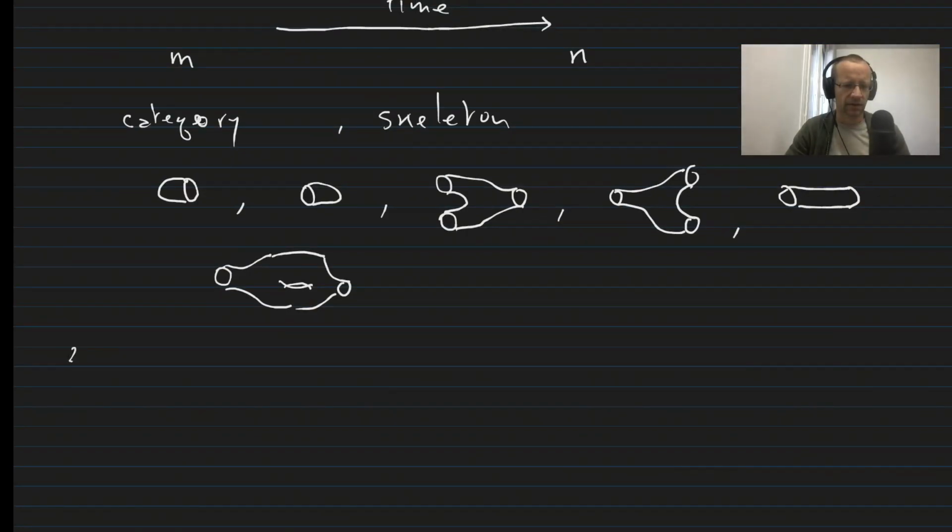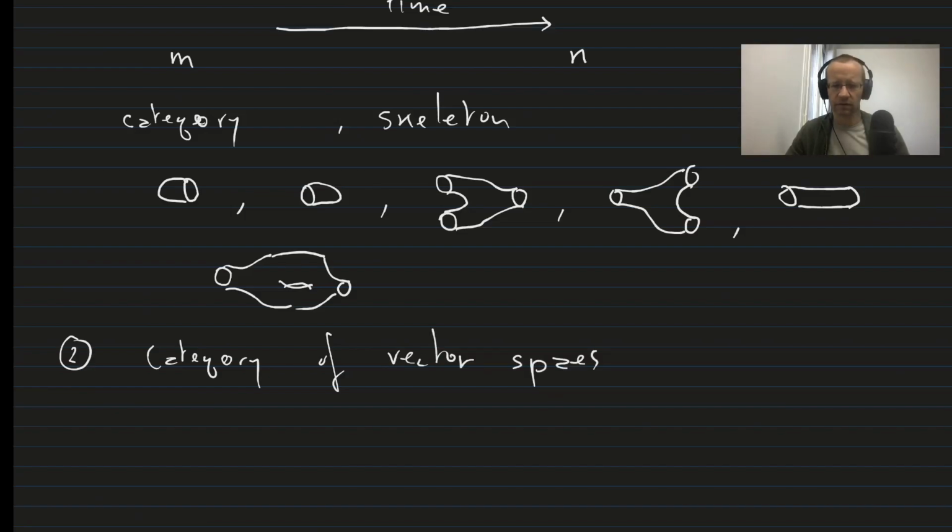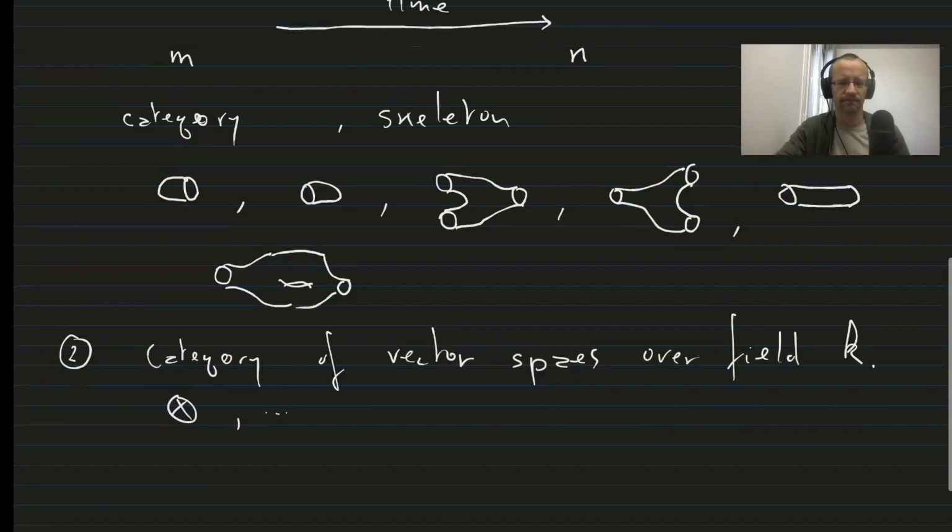The second thing we need is the category of vector spaces over some field K. And we'll equip it with tensor product and other features.